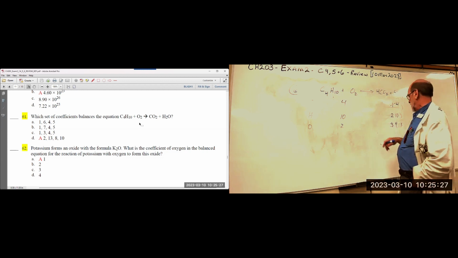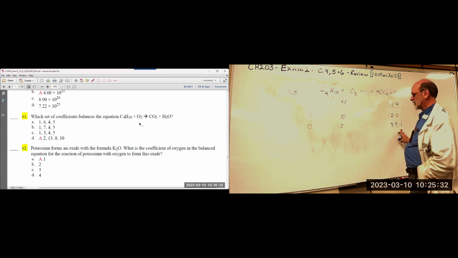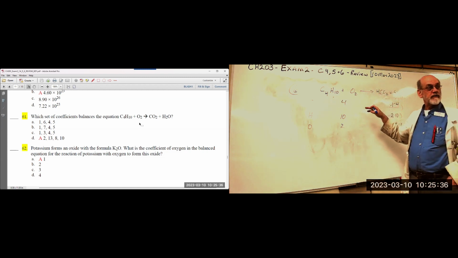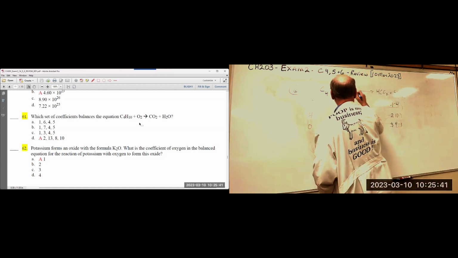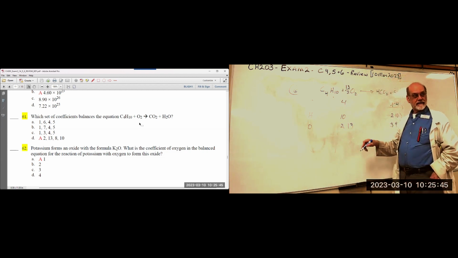So how do we get 13 oxygens out of this one? That's a prime number. Never the twain shall meet. Use a fraction. 13 halves makes 13, right?